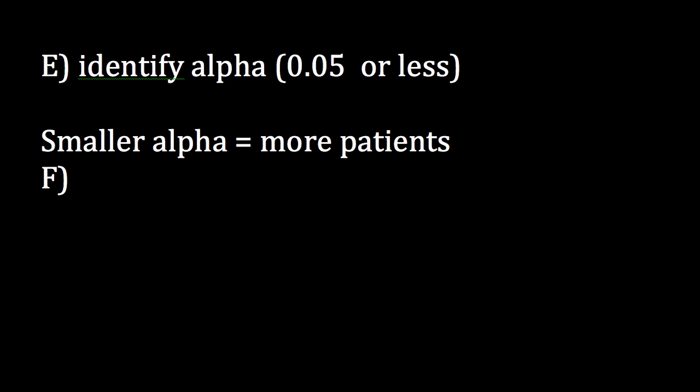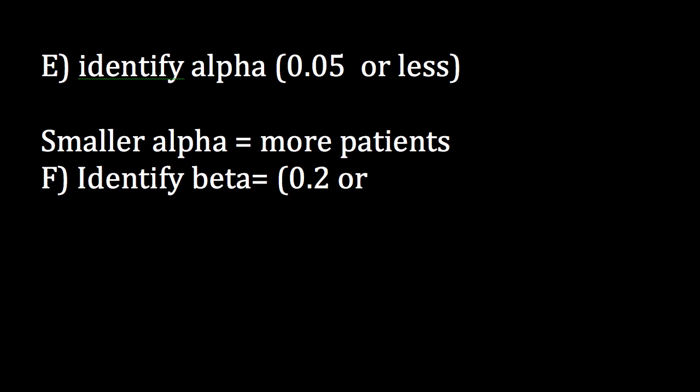Next, you're going to want to identify the beta in the methods. Remember, beta refers to type 2 error and alpha refers to type 1 error. Beta is usually going to be 0.2 or less. And the calculator sometimes will ask for power.